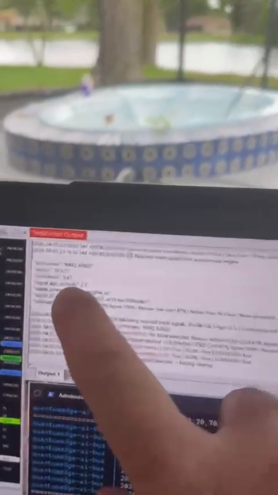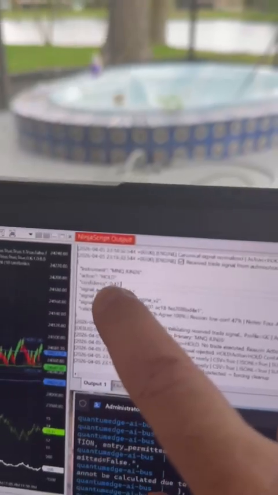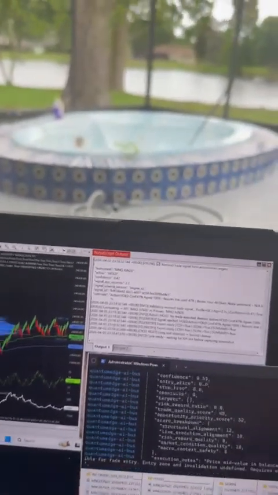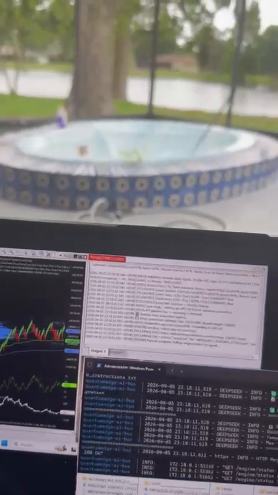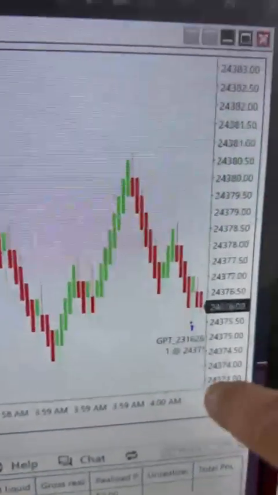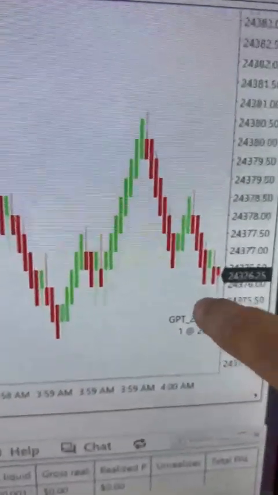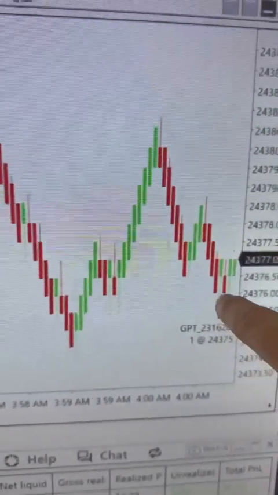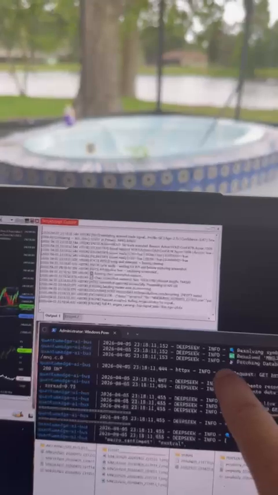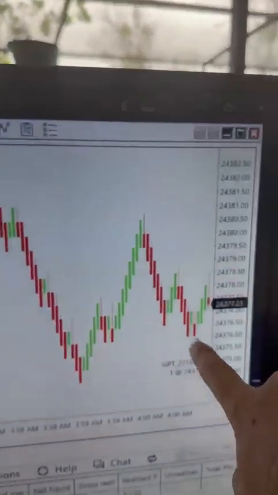So here you see the trade shows as a hold because earlier it took a trade, and I'll show you later. Okay, so actually this is the user screen. It took long from here, and earlier I showed you the decision was hold because it took long here.